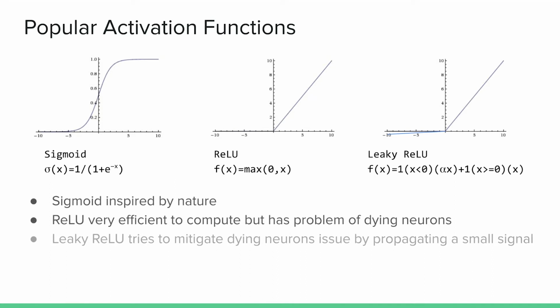Leaky ReLU tries to mitigate this to a certain extent, especially when you have dying neurons, so neurons that at a certain point are no longer firing at all, because whatever input you feed in, it just computes something negative and then it's 0. Then you have a dead neuron. If you think you have that in your network, you might try leaky ReLU, but it's more of a trial and error thing, I would say.